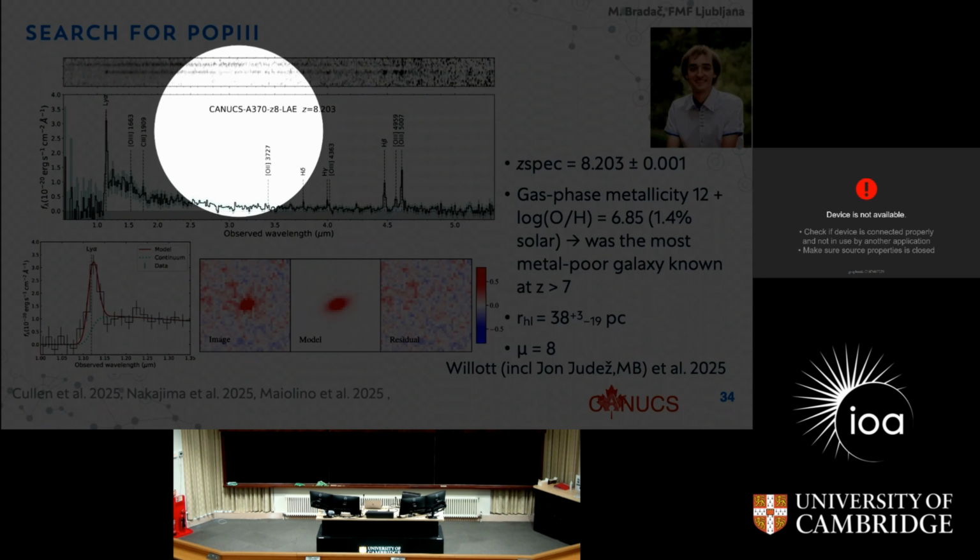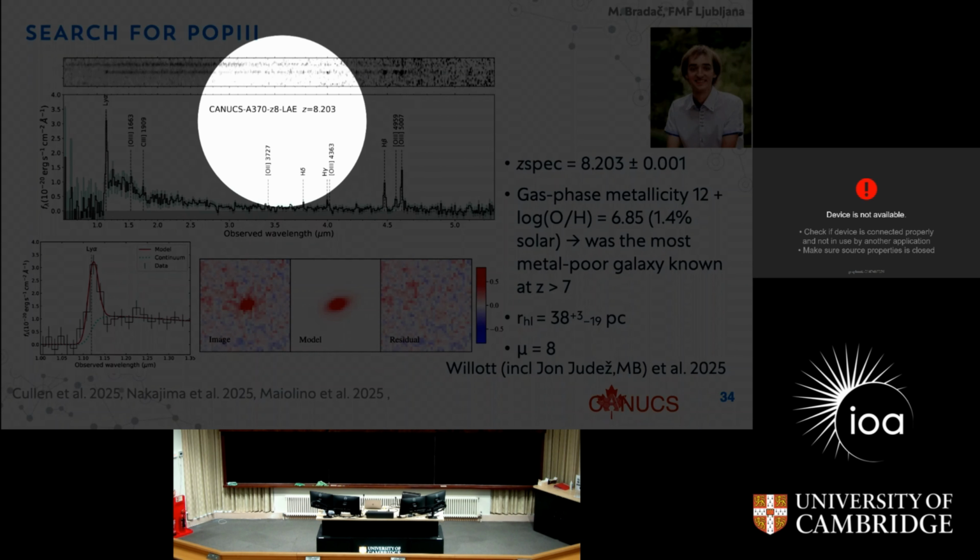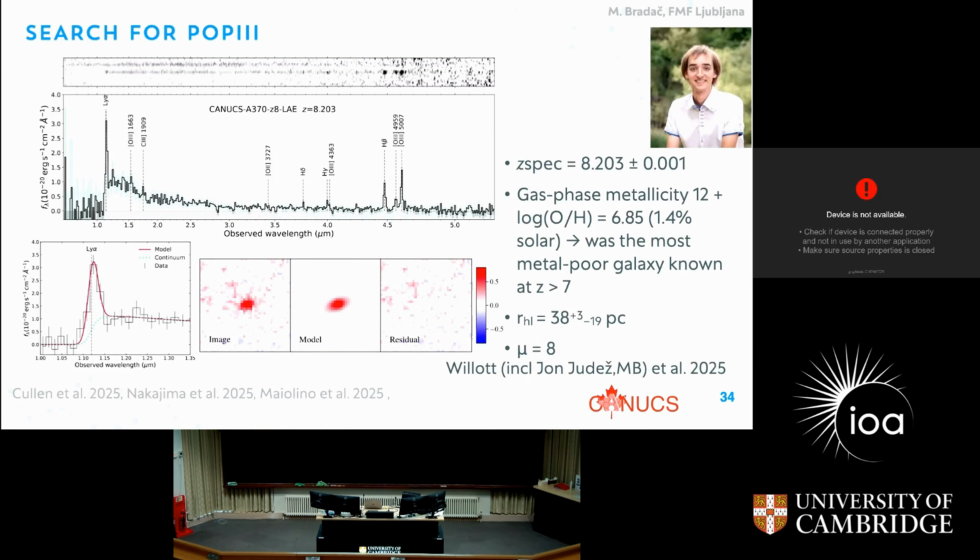This is a galaxy at redshift 8.2. It's been magnified by a factor of 8, and we can see really nice Lyman alpha. But when we measure the gas phase metallicity of this galaxy, it's very low, 1.4% solar. At the time of publishing this, a couple of months ago, this was the most metal-poor galaxy known at redshift above 7.